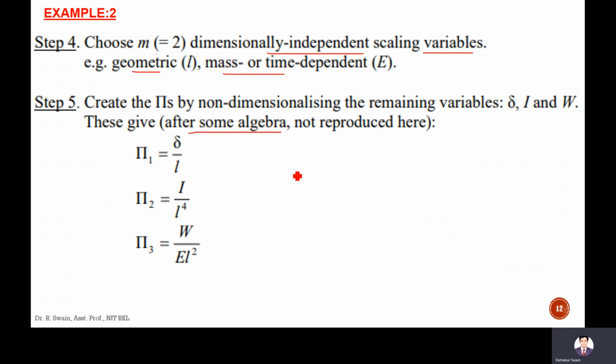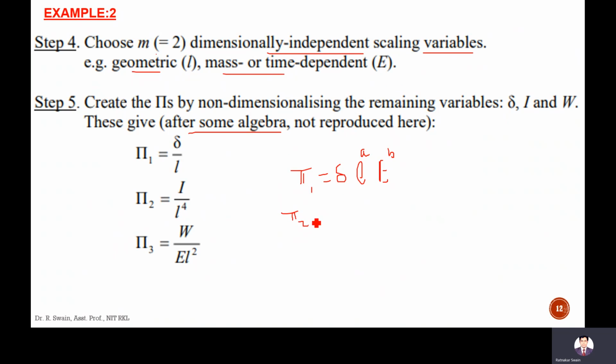Here pi 1 will be made of repeating variables. The repeating variables are L and E. So L to the power A, E to the power B, and one non-repeating variable, let us first take delta.